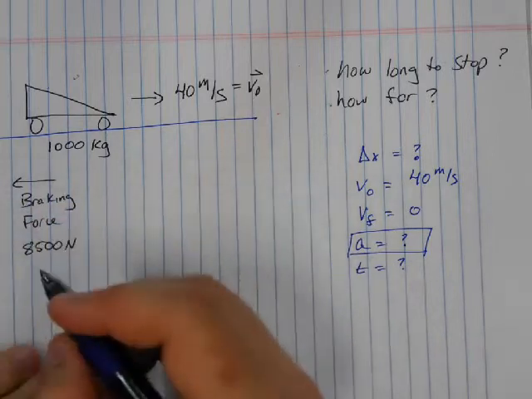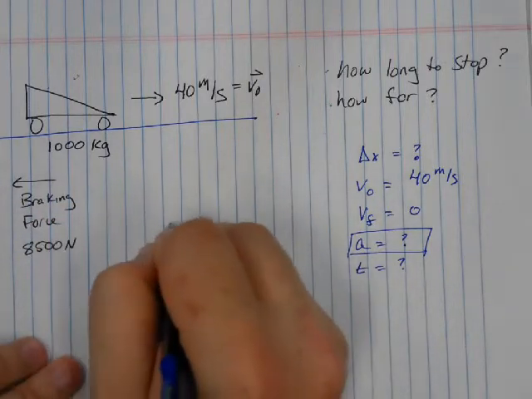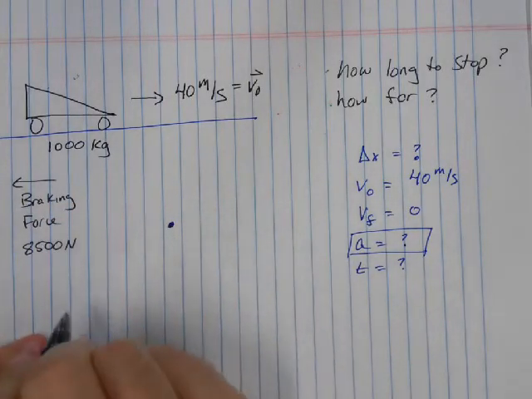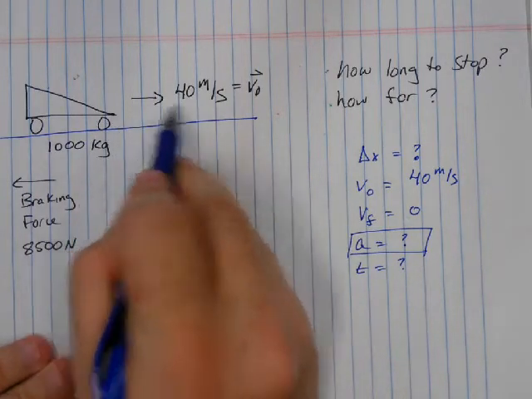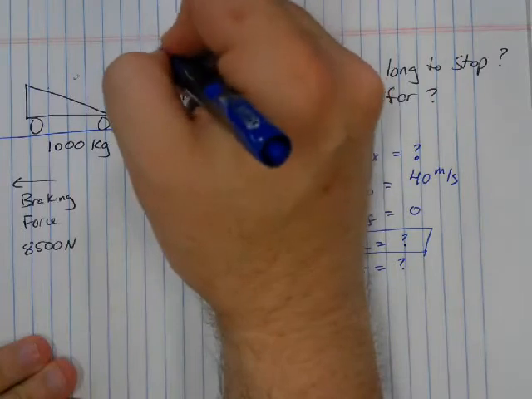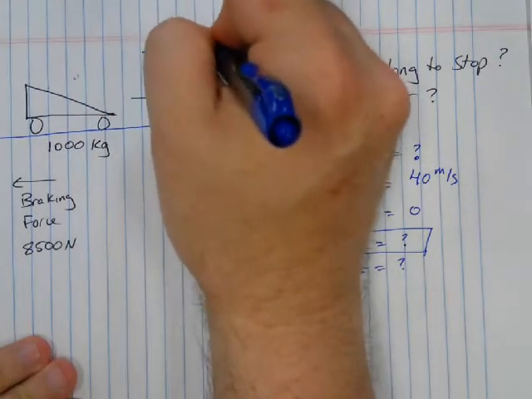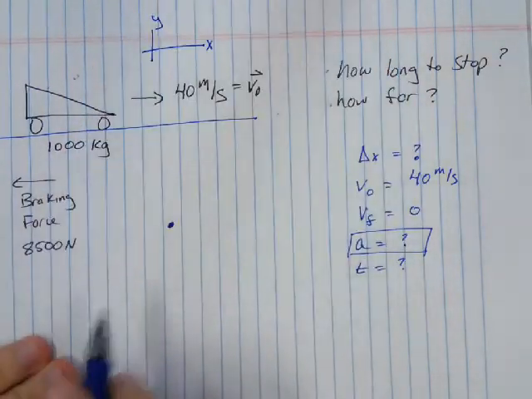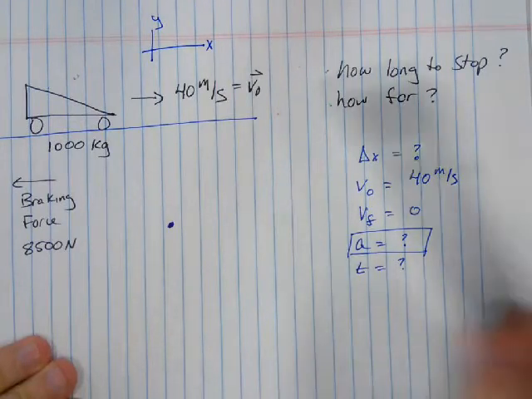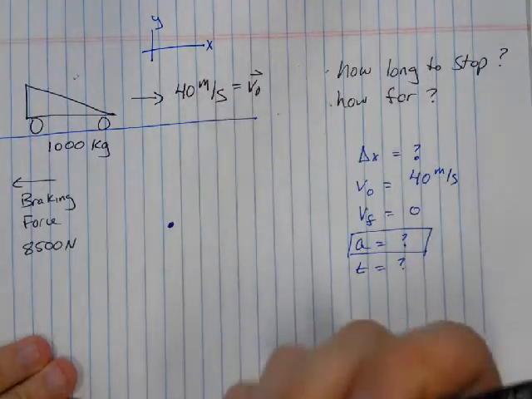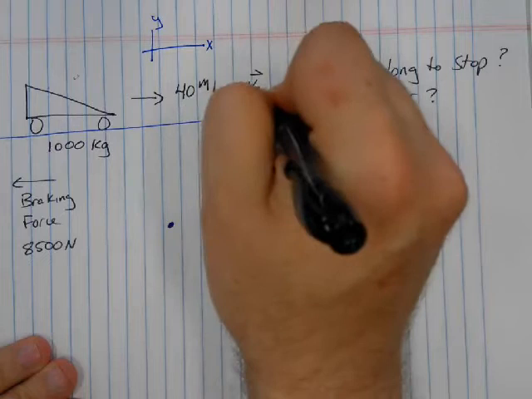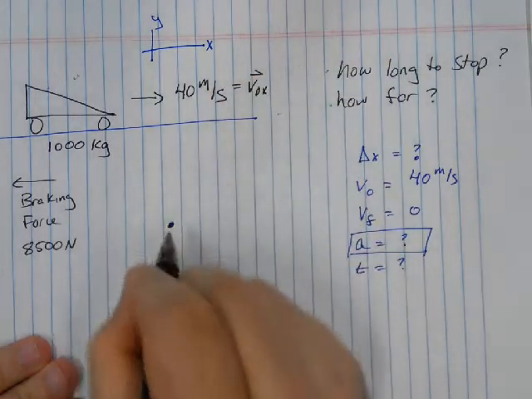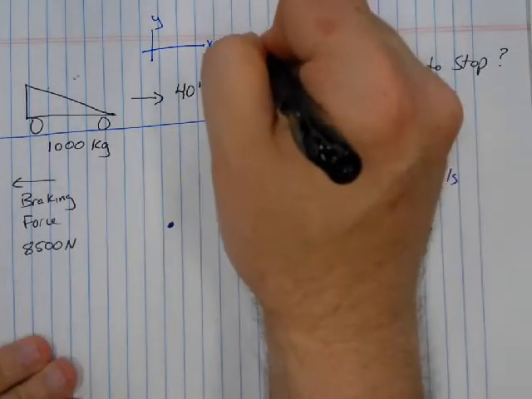So one of the things we can do is draw a free body diagram and try to figure out what the net force is. So this is the important thing. We also have to put in some coordinates, x and y. And importantly, this 40 meters per second is in the x direction. Right? There is no y component.